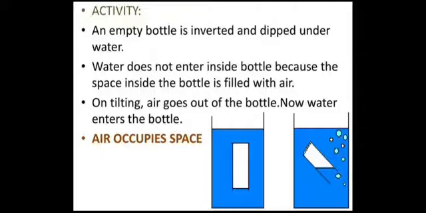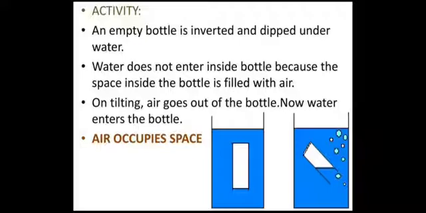Whereas, if you just tilt the water bottle slightly, the water enters the bottle as well as some bubbles are seen. You would have experienced this. If not, try it in your house today. Take two beakers filled with water and dip an empty bottle inverted without any tilting.